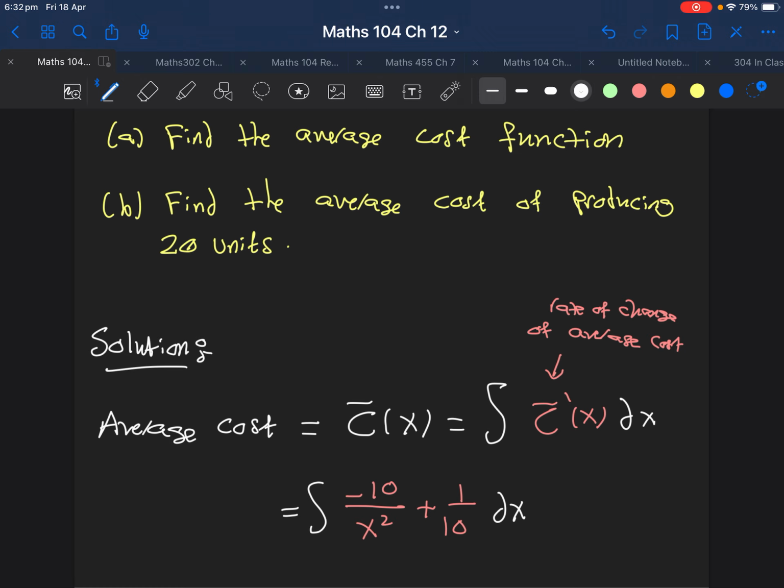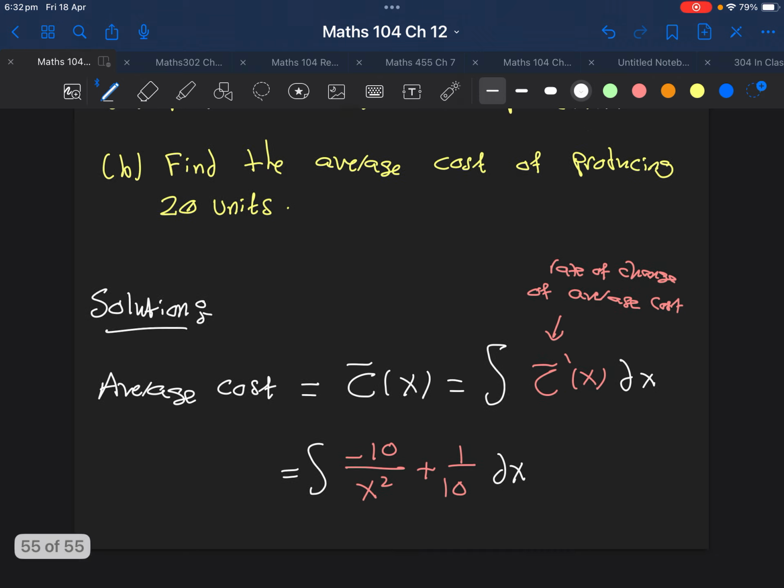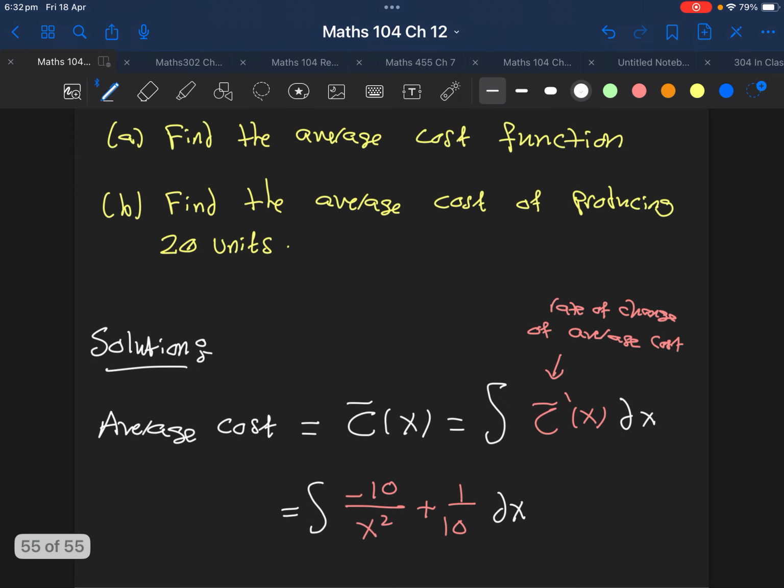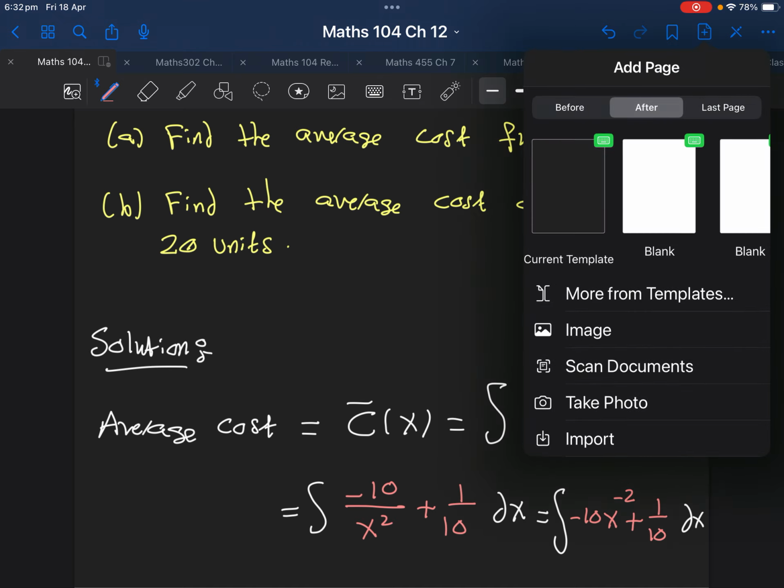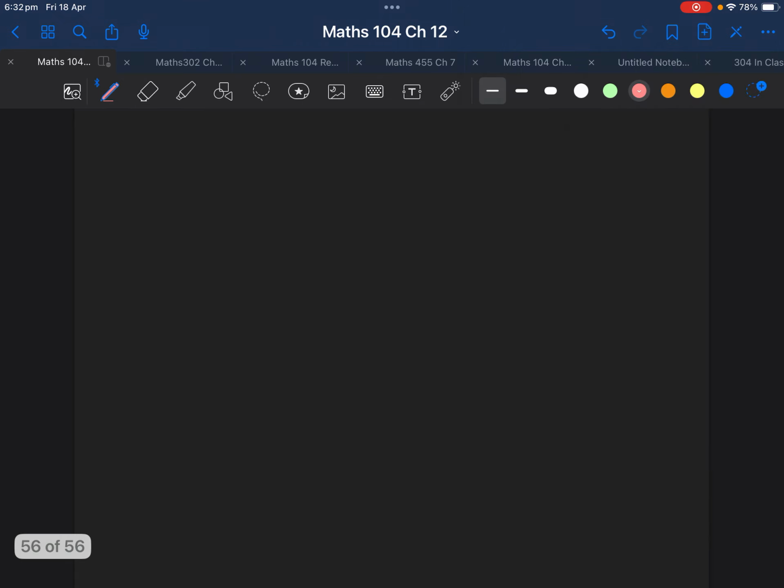Of course, before I decide to do the integration, let me rewrite this function a little bit better. So this would be just negative 10 x to the negative 2 plus 1 over 10. And that's what we need to find as integration. So remember, this is continuation. C bar of x equal to, now we can do the integration.